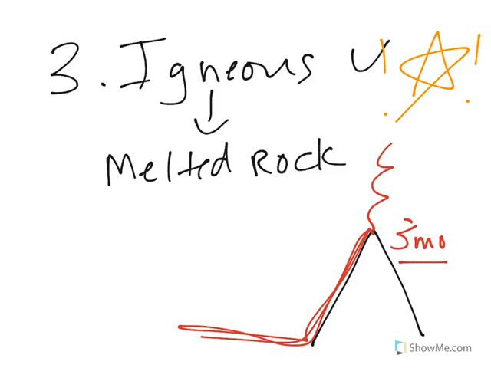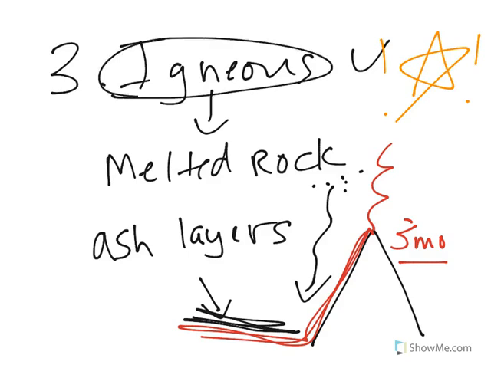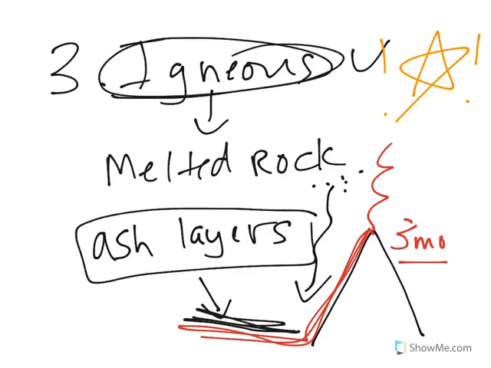So we like to use ash layers, because they come down. The ash sits up in the sky and it eventually falls down, makes a layer down here. That ash layer only took a couple of days to form, so it's going to give us a very specific age date. So this is why we like to use igneous rocks, very specifically our ash layers. So hopefully that helped you understand why we use igneous rocks and why they are the most reliable.